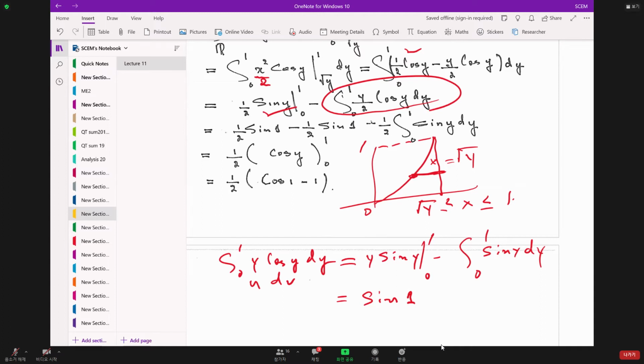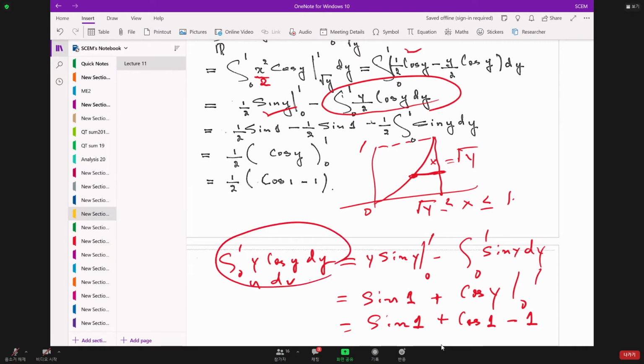This is simply plus cos y. If you integrate sine y, you get cos y. And put in the limits of integration here, you get sine 1 plus cos 1 minus 1, because cos of 0 is 1. So you have got this integral.